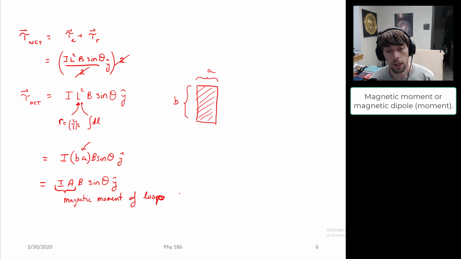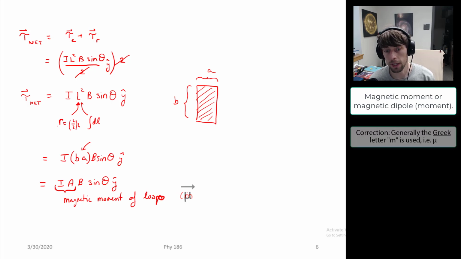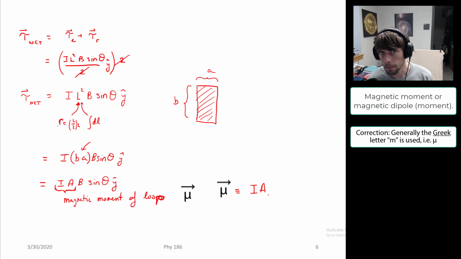Generally, it's given as m in a vector. Now, that's a definition. We are going to define the magnetic moment of the loop, which we call m. Little m is defined as the current in the loop times the area of the loop.